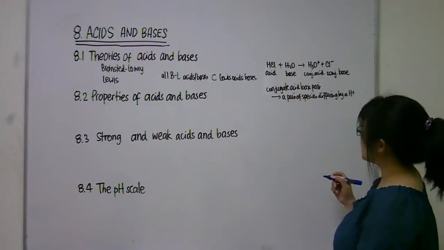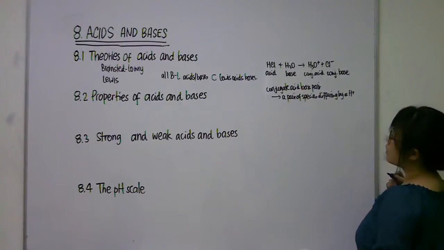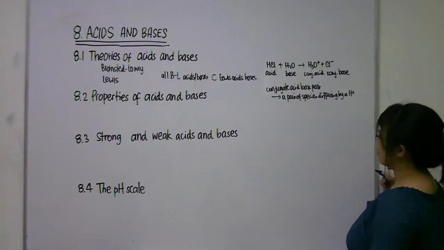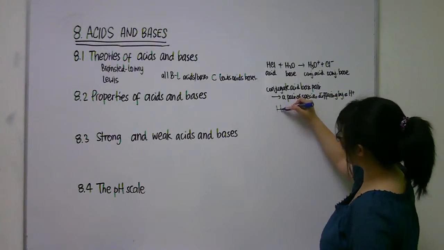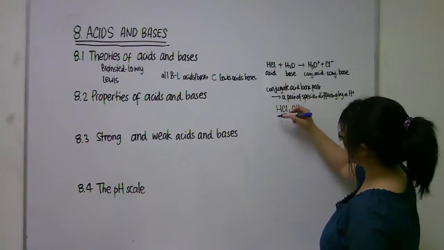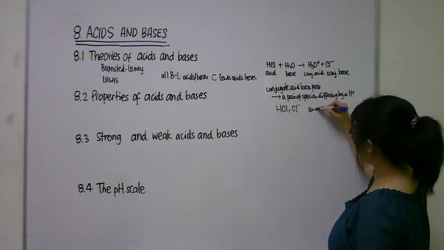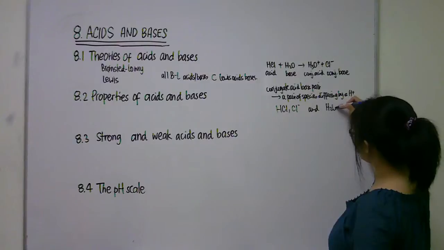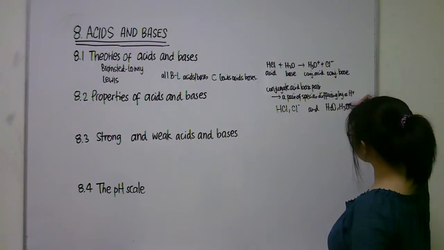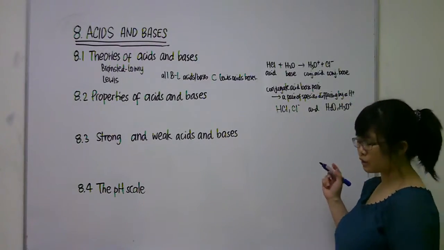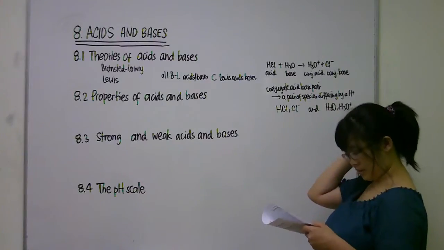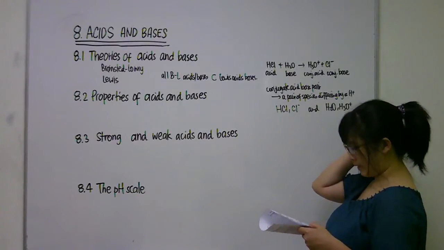Okay, so which means in this reaction, if you are asked to identify two conjugate acid-base pairs, you can say it's HCl and Cl minus. This is one pair, and another pair will be H2O and H3O plus. Okay, this should be something new to your students, so yeah, you can just let them know.